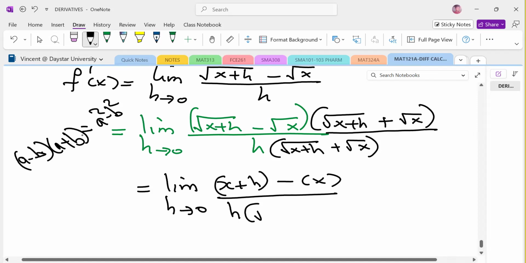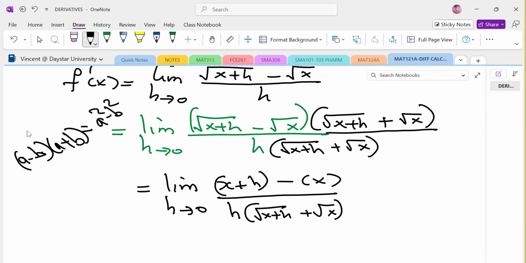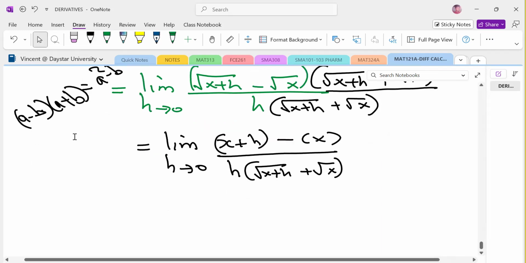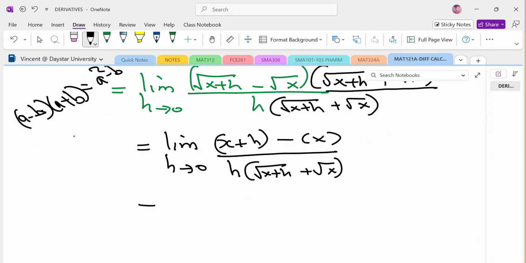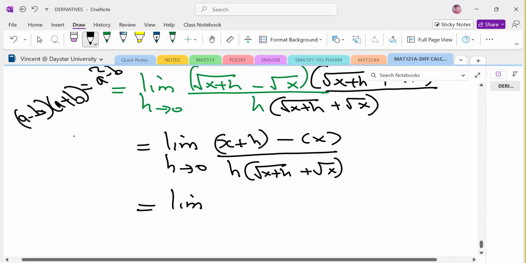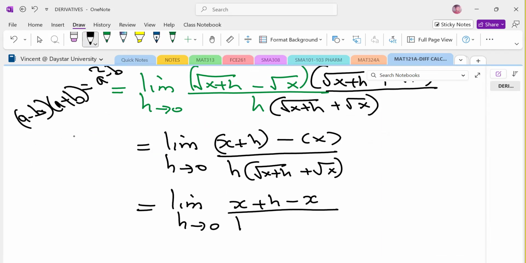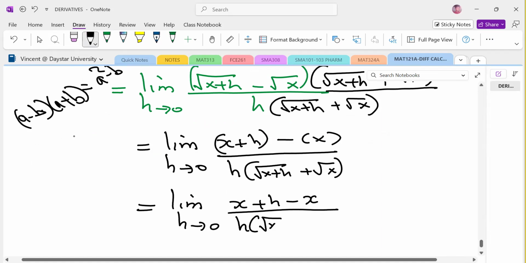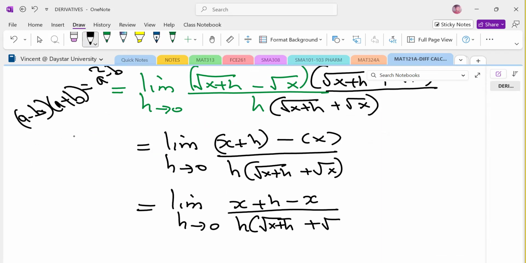Root x plus h, then plus root x. So we'll have the limit as h approaches 0 of x plus h minus x divided by h into root x plus h plus root x.